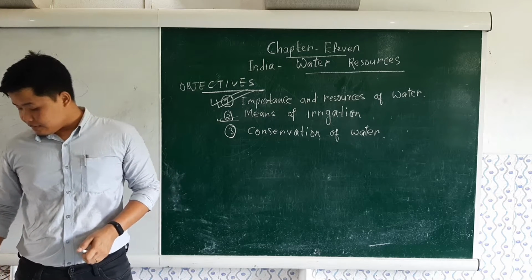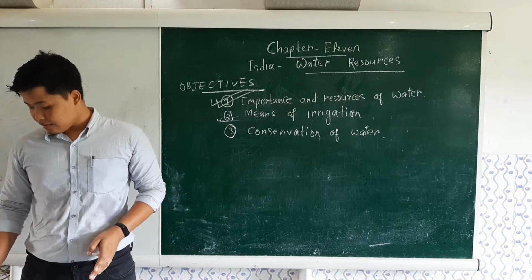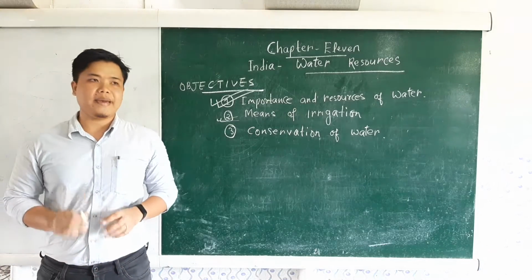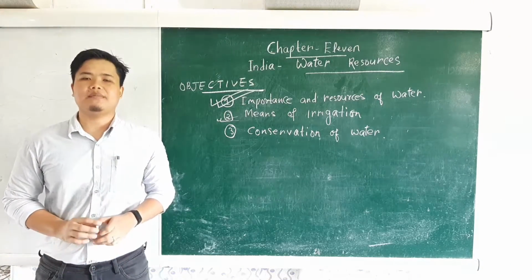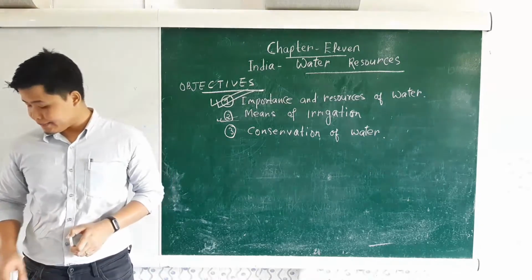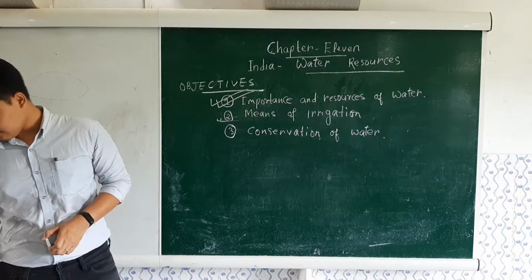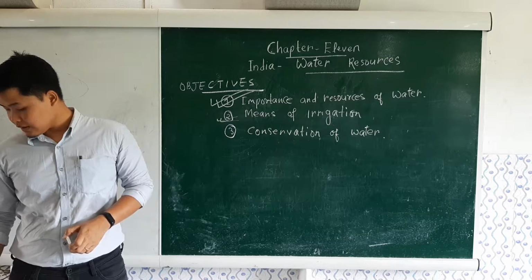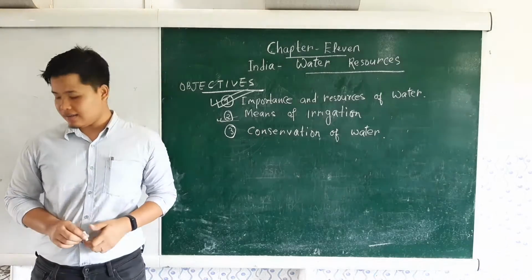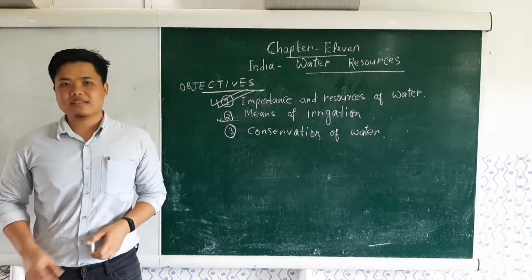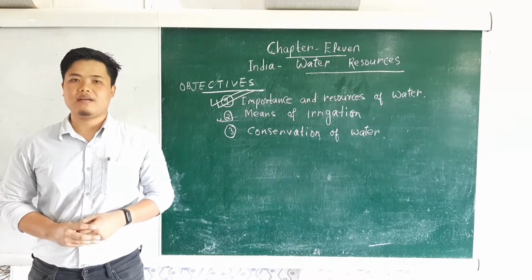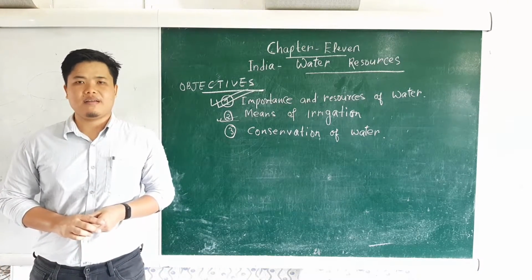We have 4 main popular dams in India. They are Bhakra Nangal Dam. It is the highest dam in the entire India.